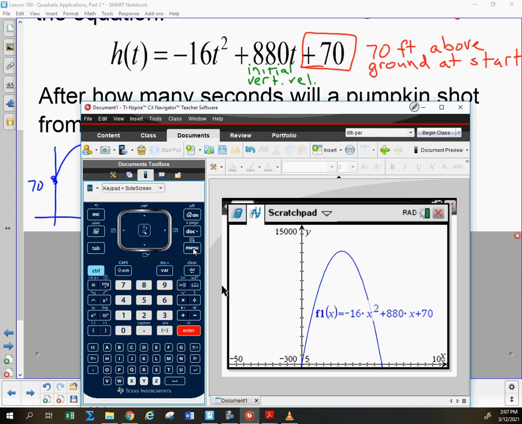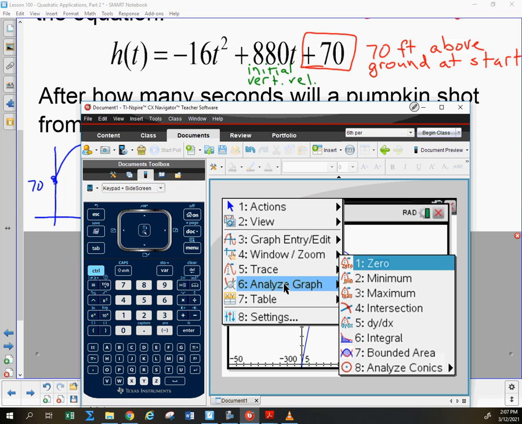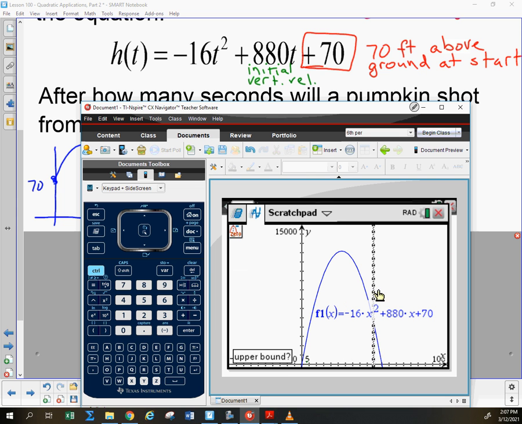So I'm going to do Menu, Analyze Graph. This is a 0 that I'm looking for, left and right, and it gives me something kind of strange looking on my coordinates there, doesn't it? Now, a couple of things. We require that you show us a sketch on all of these word problems. On my calculator screen, it looks like my parabola goes through 0, 0.